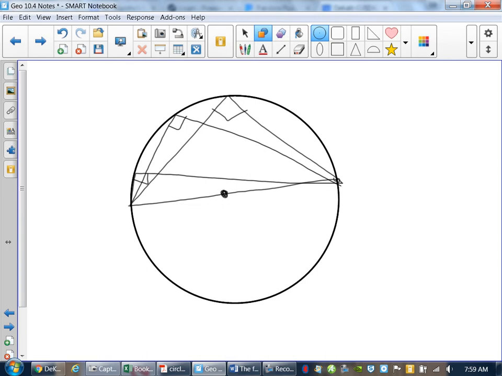So what they do is they word it just ever so slightly differently. If the inscribed angle hits a diameter, it's a right angle.